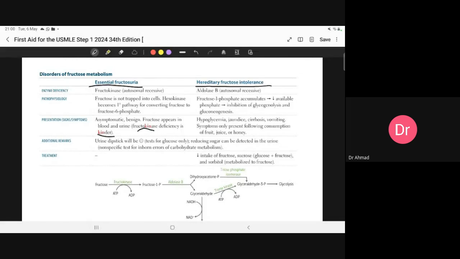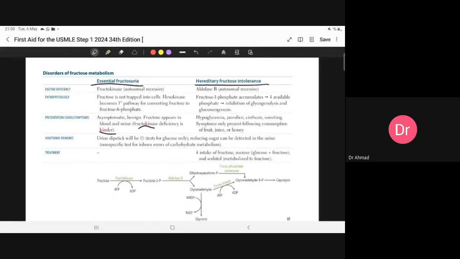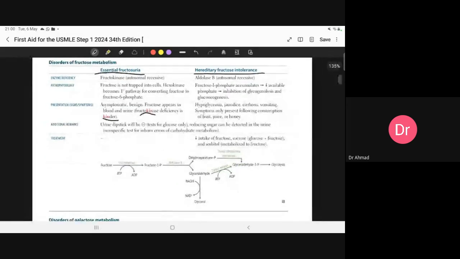In this disorder you do not have fructokinase, and if you do not have fructokinase, you cannot take in the fructose and convert it into fructose 1-phosphate, which then can't contribute to glycolysis. Whether it's fructose or galactose, they both contribute to the glycolysis pathway.